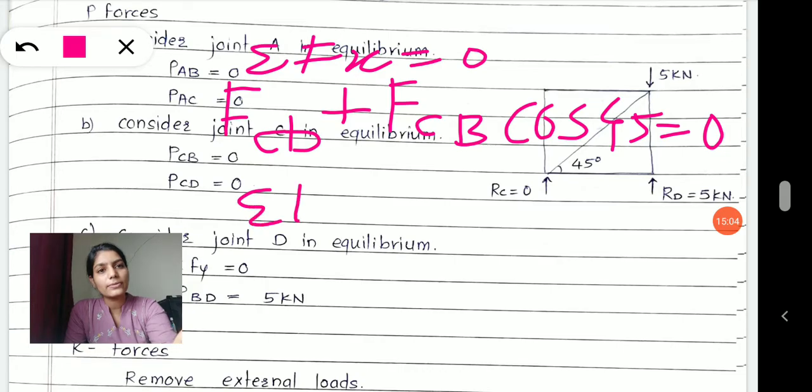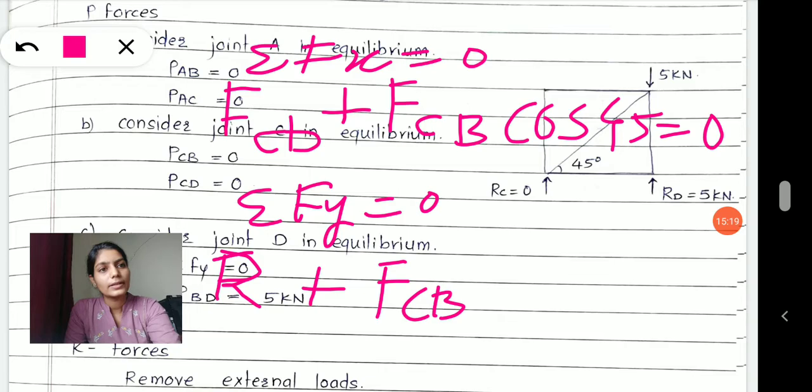Now summation of Fy equals to 0. Summation of Fy will give the reaction Rc, which is 0, plus force FCB into sine 45 equals to 0. So finally this is also 0.